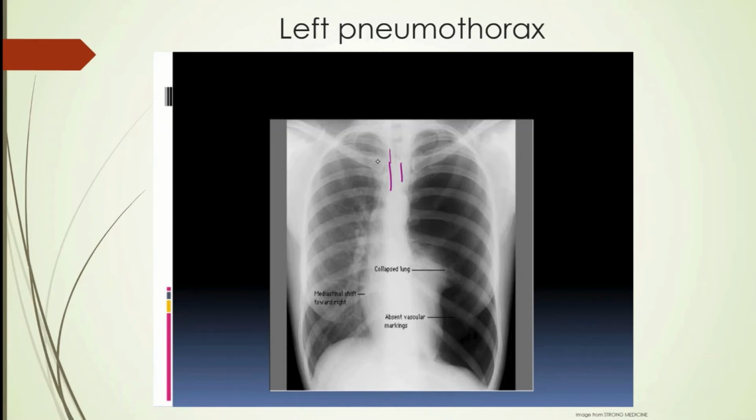So you can also go by the ribs, and you can see this is the first rib here. Coming up there, it kind of cut off a little bit. Same thing on this side. This is the second rib. So if you count the ribs down, they should correspond to the vertebral bodies. So 1, 2, 3, 4, 5, 6.